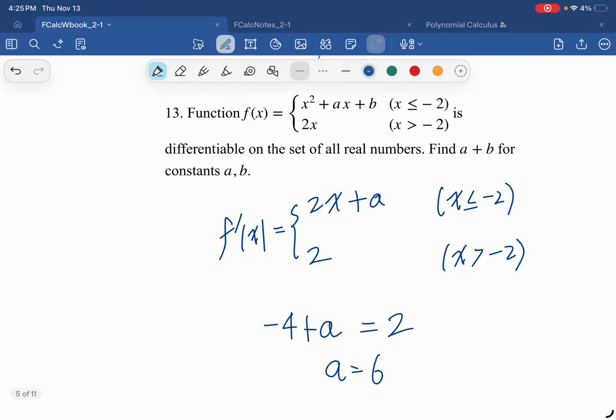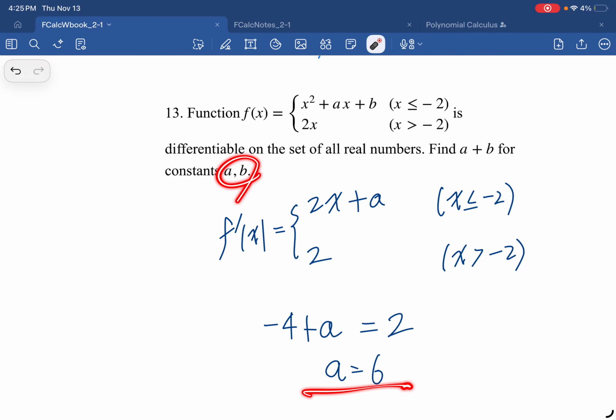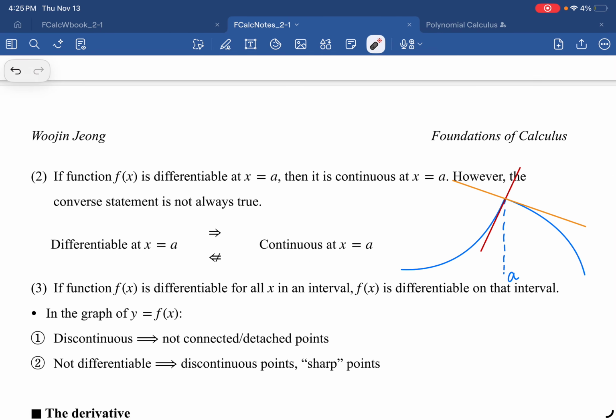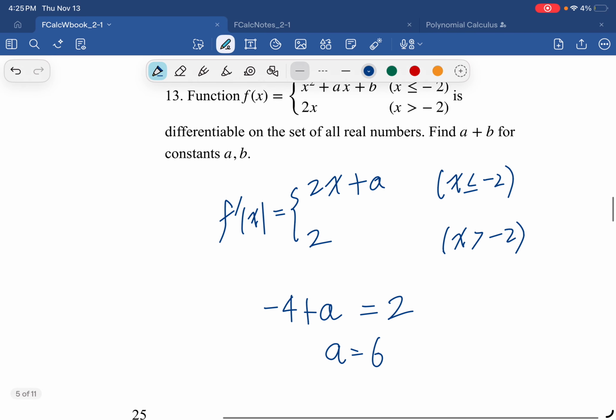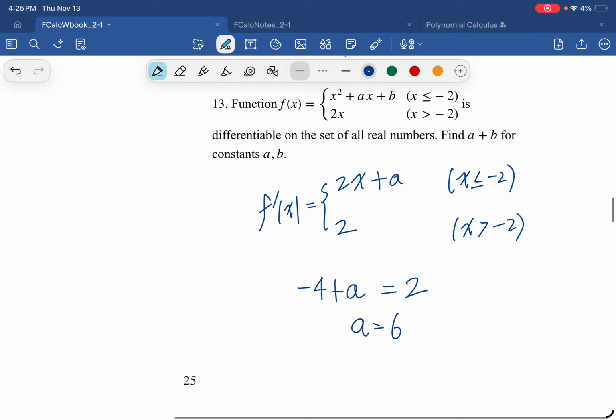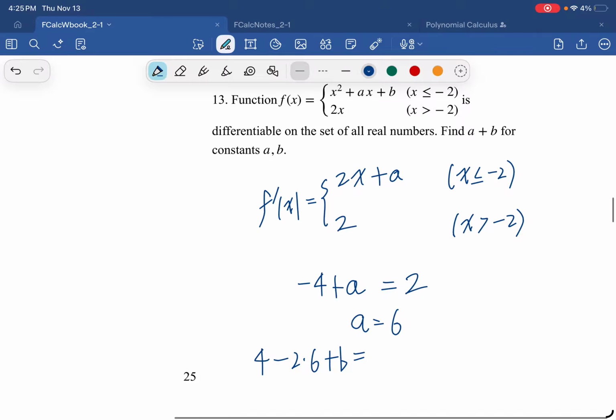Okay, so we got a equals 6, but we're also asked for b. Remember that in our notes, a differentiable function is always continuous. So if it's differentiable, it always implies that it's continuous as well. So we have to use the continuity condition as well. So let's plug in -2 to both sides. 4 minus 2a plus b, but now a is 6, so we know that, equals -4 on the right-hand side.